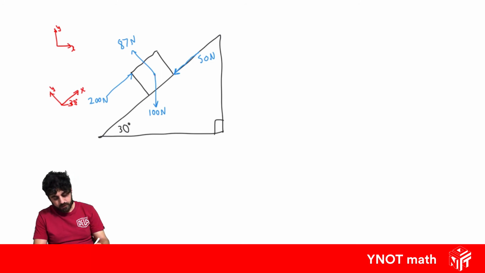And what we want to do is split up this vector in terms of its x and y components with reference to this axis. So we need to create 2 vectors, one parallel to this x-axis, one parallel to this y-axis, that form this vector here.